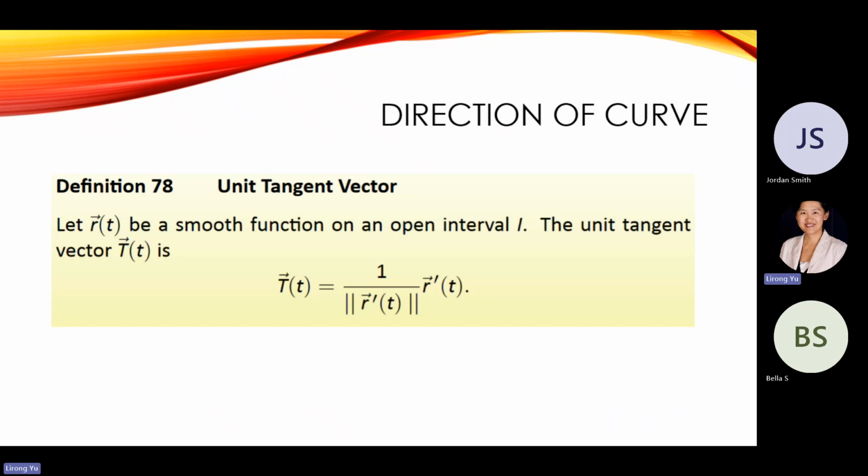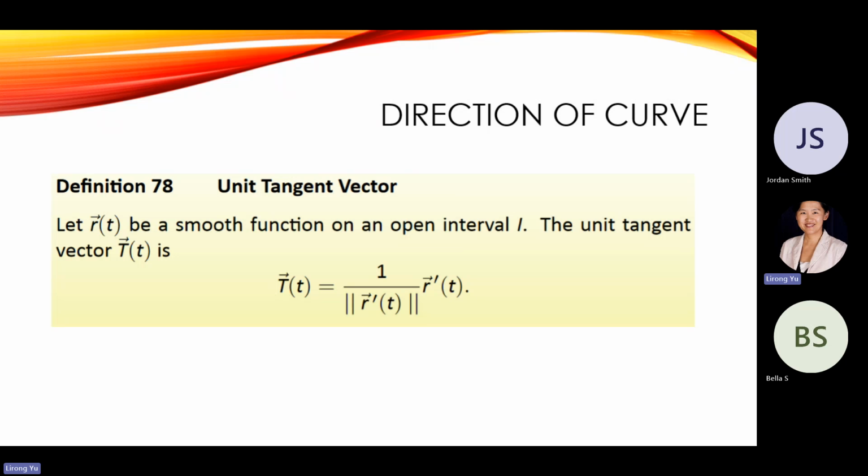Basically, if you have a position function representing the motion of any object, then the derivative of the position function will represent the direction of the curve at any given moment, at any time. But that r prime vector contains two things. Number one, it contains the speed: the magnitude of the derivative function is how fast the particle is moving, and it also contains the direction.